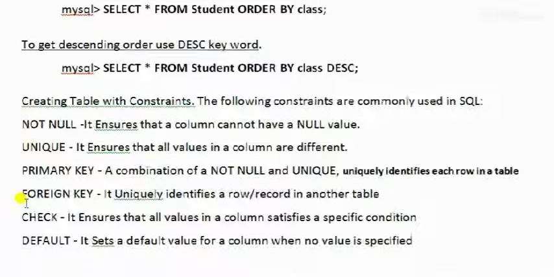So there must be some common features of the fields through which it could be identified. At least both of the fields, that means the field which is taken as a foreign key and the field of the parent table which is taken as reference, should be very much identical.